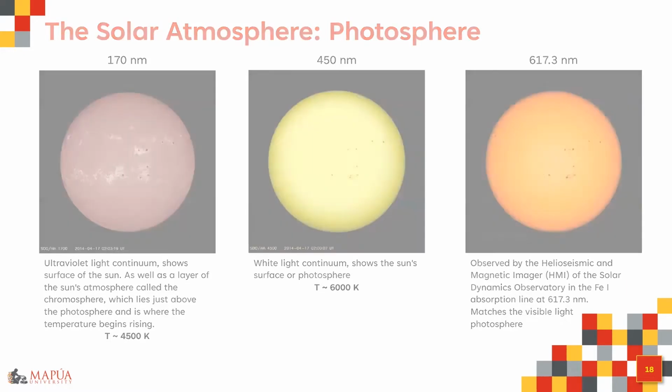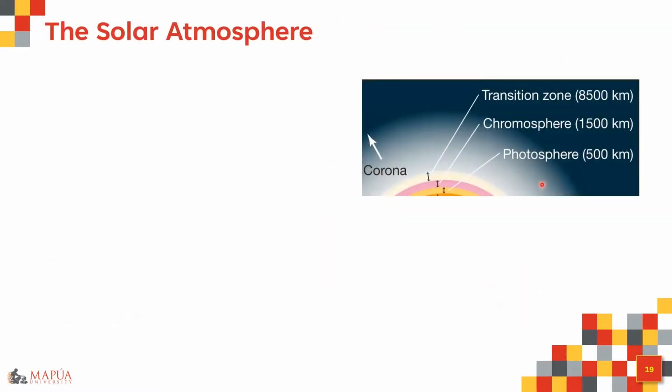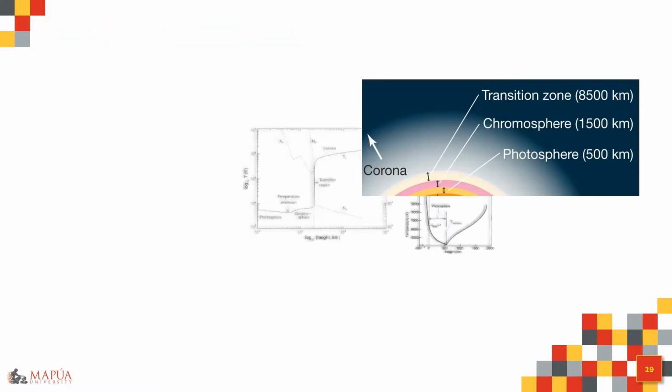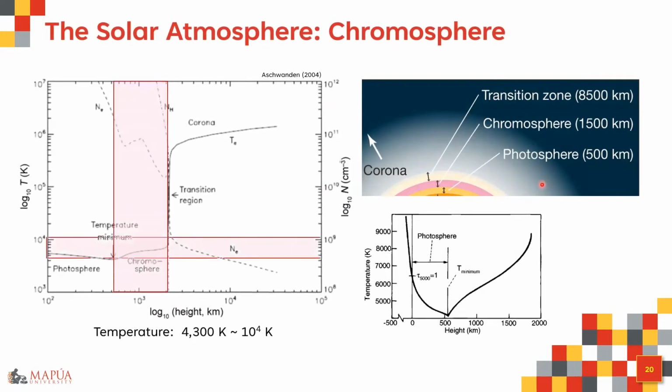Next, let's go above, to the chromosphere. The chromosphere is described by an increase of temperature from the top of the photosphere up to just before the temperature sharply increases.